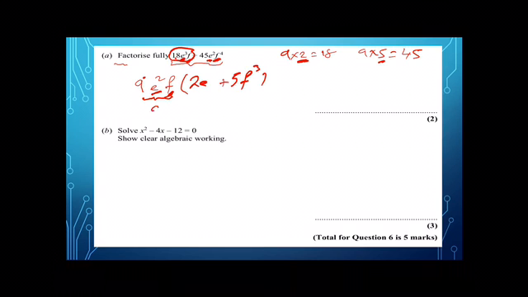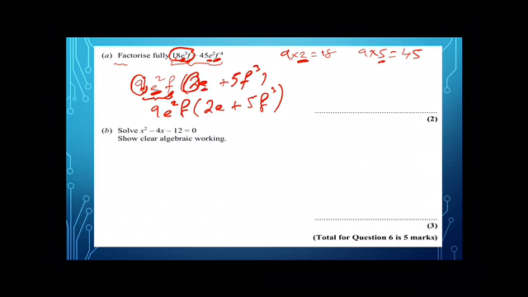So let me just write that out one more time. So the answer is 9e squared f, 2e plus 5f cubed. Does that work? 9 times 2 is that 18? Yes. E squared times e is e cubed. Yes, that works. And f times 1 is f.